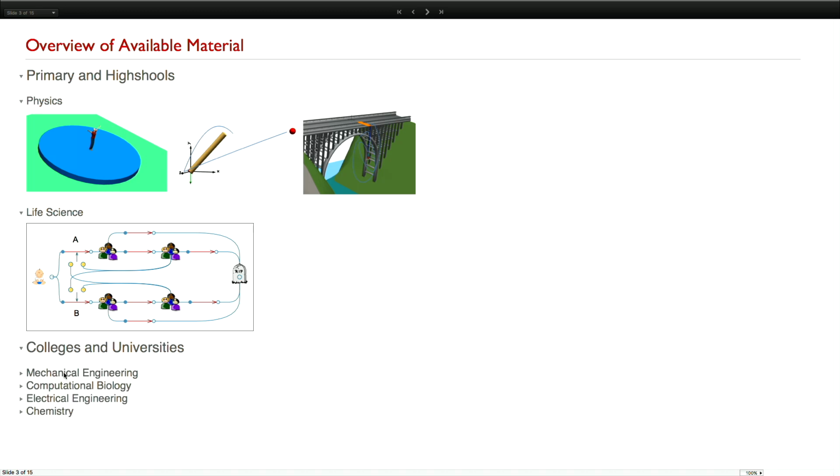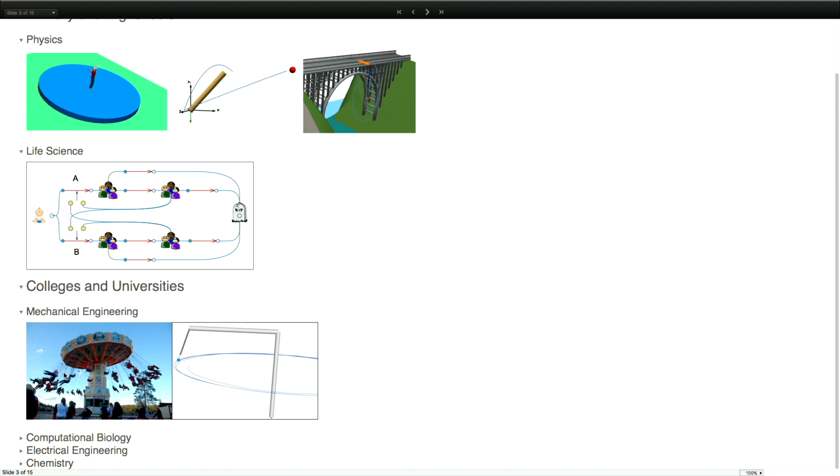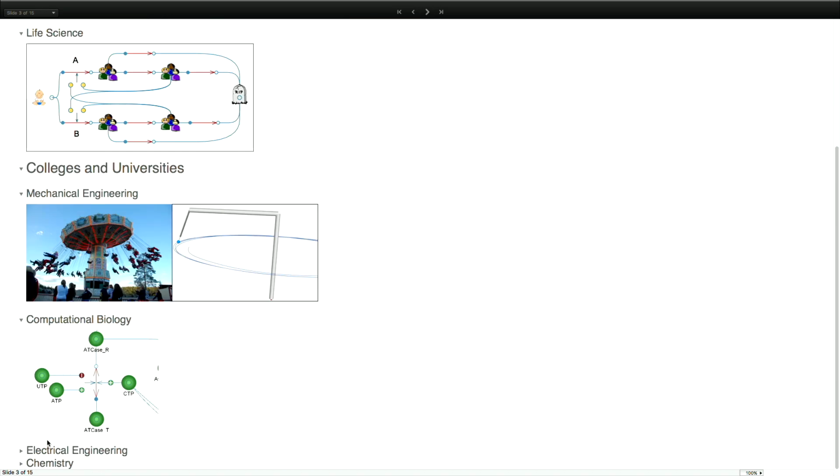For colleges and universities, last year we presented classical mechanics, and how to make that more understandable by using models. We could make a model of a swing and simulate and understand more of it. There are also some exercises in computational biology.